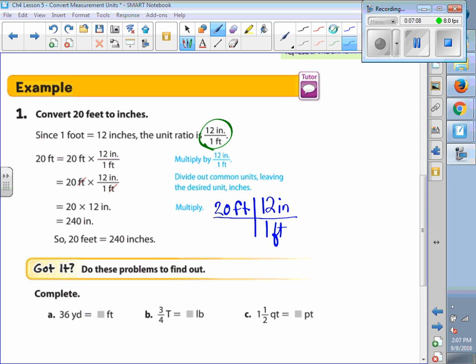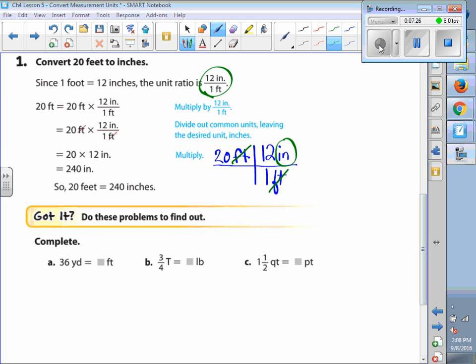Now you can see that feet in the top, feet in the bottom, cancel out. What unit am I left with? Inches. And that is the importance of dimensional analysis. You got it? So now this becomes a multiplication problem.